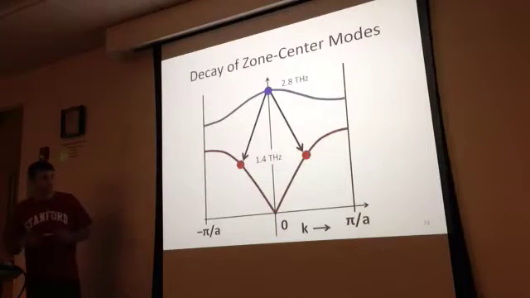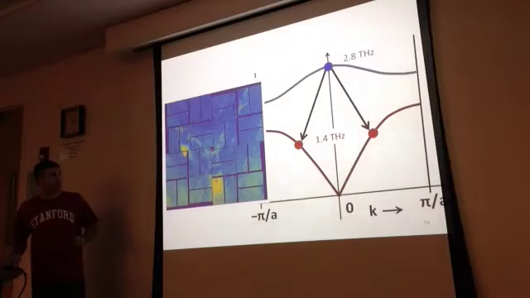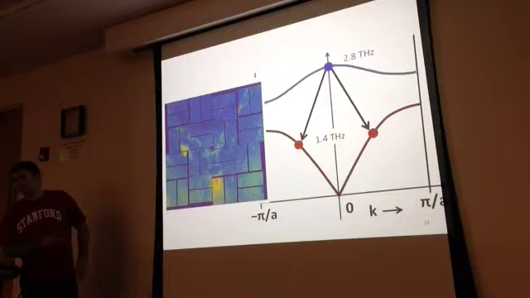So the material we did this in was bismuth, which is famous for having a mode you can couple to very strongly with laser light. What I'm showing here is this blue diamond. This region on the detector is close enough at least to Brillouin zone center, where this blue mode is.